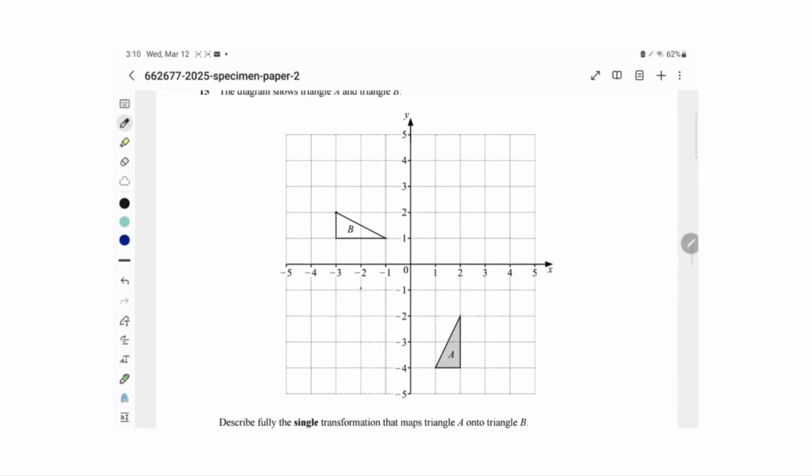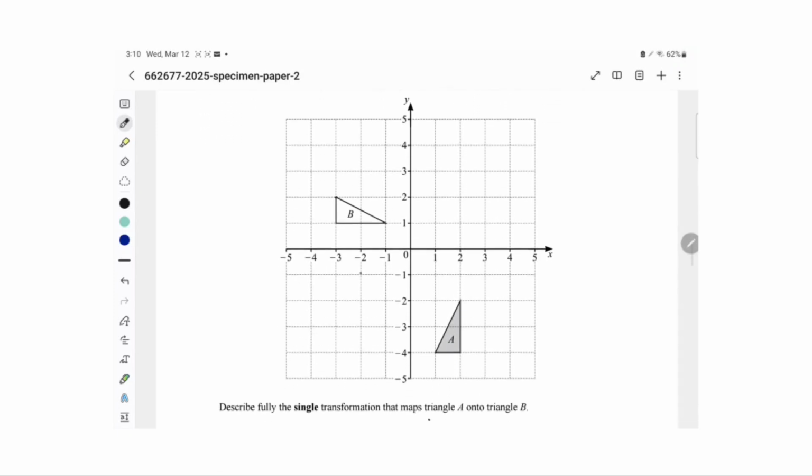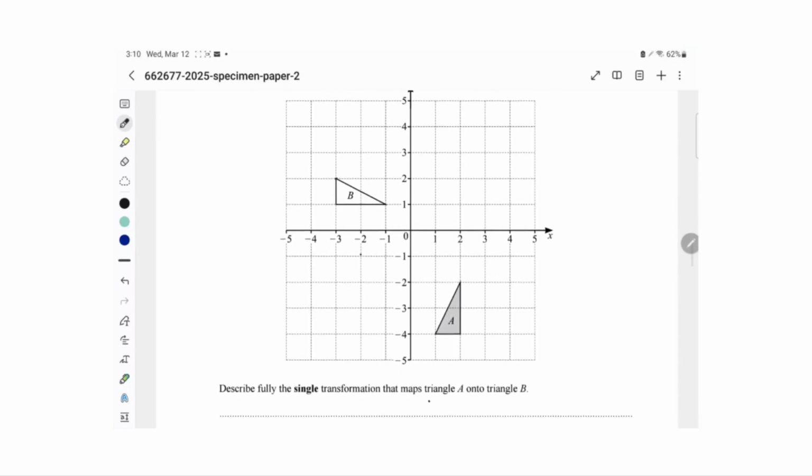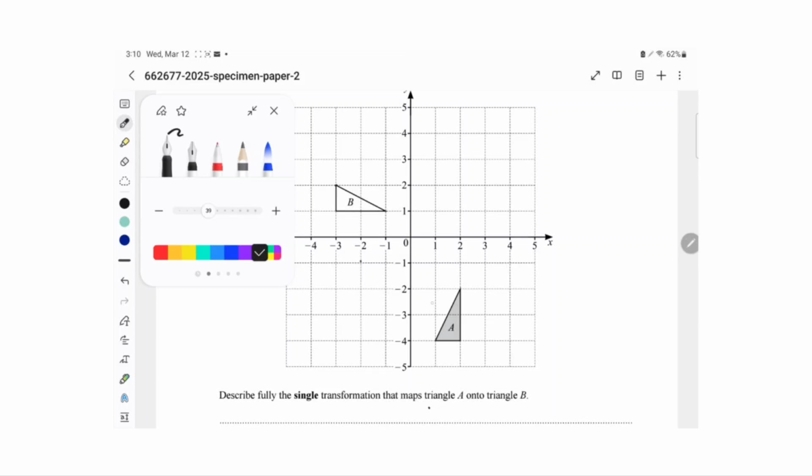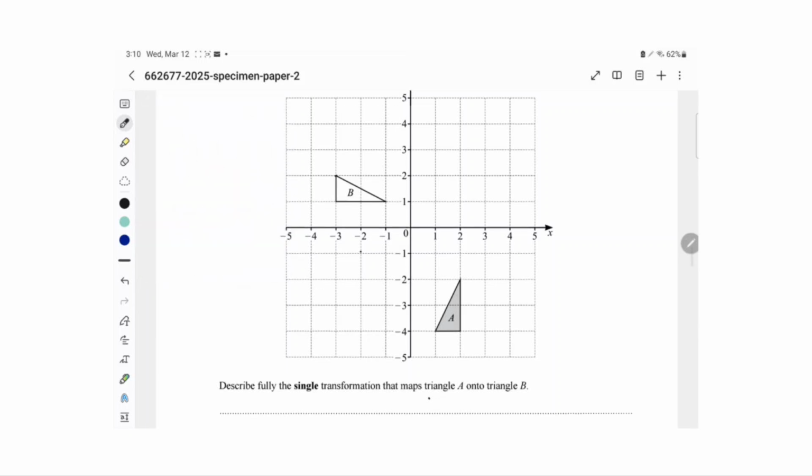Now question number 15. This is a transformation question. Transformation A onto B. Obviously it's a rotation, because we don't have parallel lines. Whenever you join the corresponding points, you will have parallel lines; here they are not parallel, so a rotation is going on. Otherwise you will have a translation or a reflection.